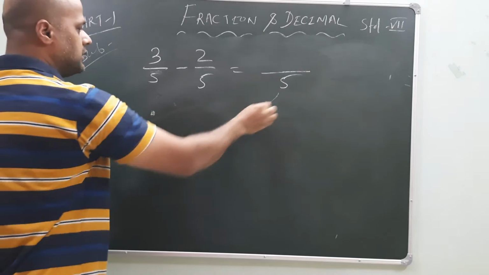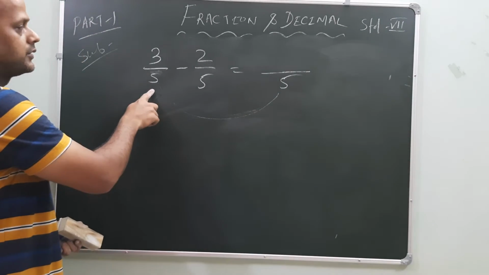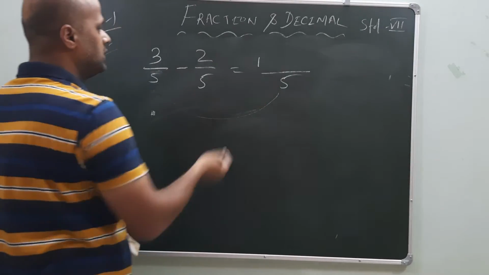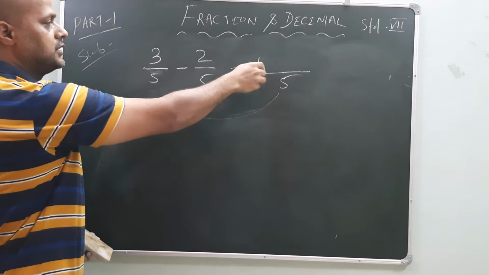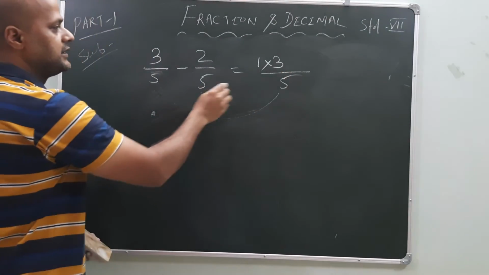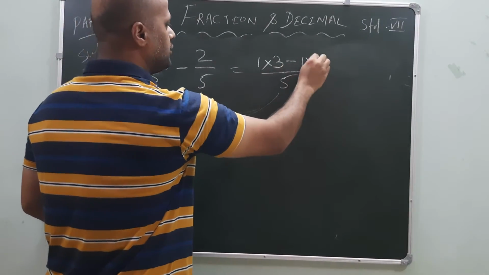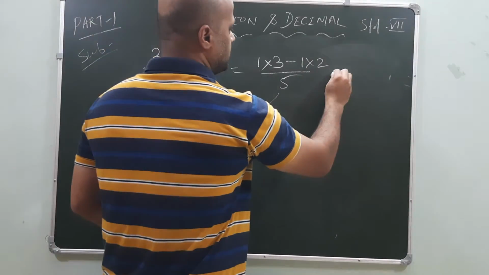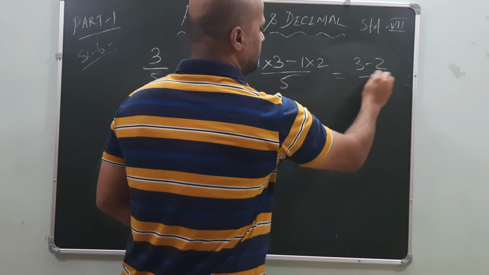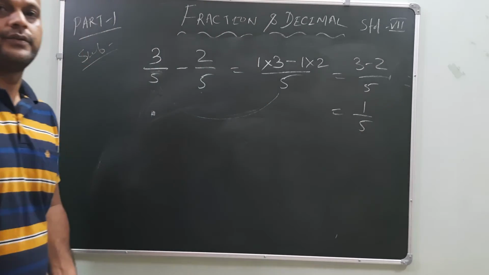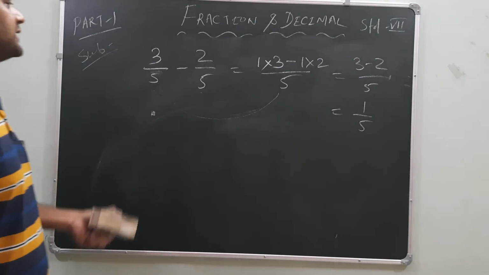The rule is: divide by the denominator of the first fraction. What result is coming? 1. And with that result, multiply the numerator. Same in the other case: 1 into 2. Understood? Now what is the result? 3 minus 2 by 5. The answer is 1 by 5.